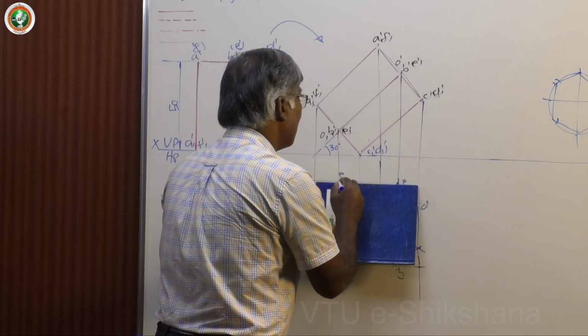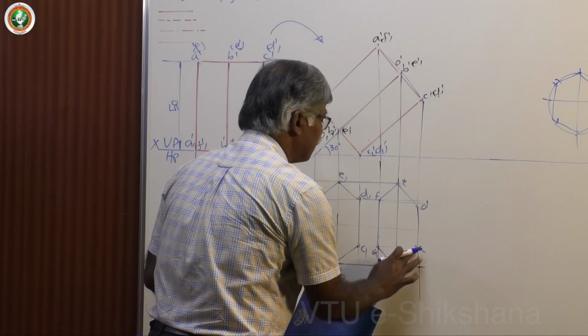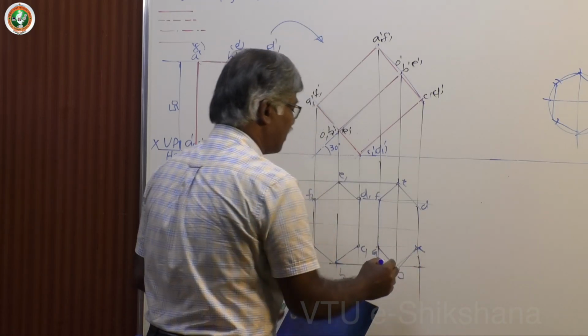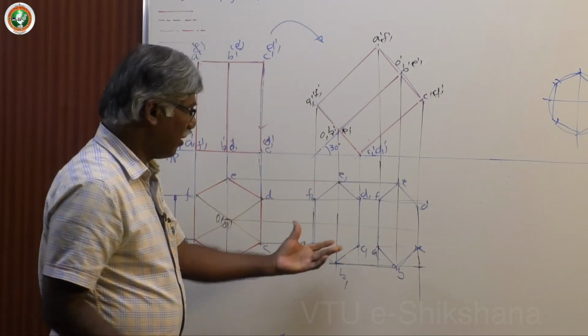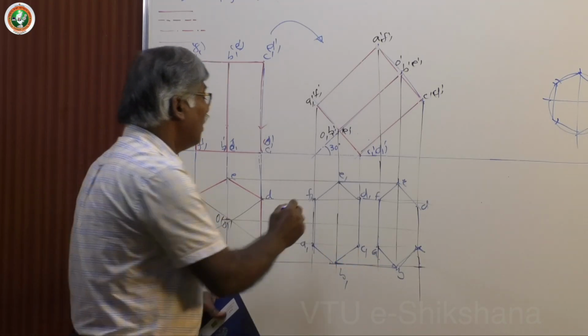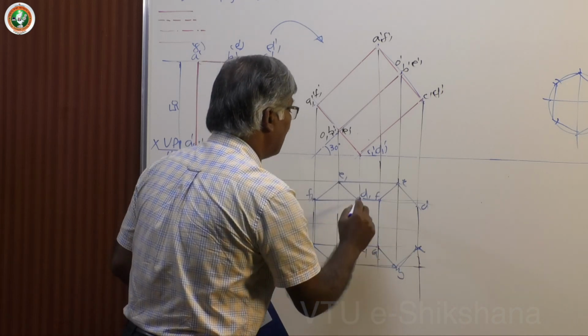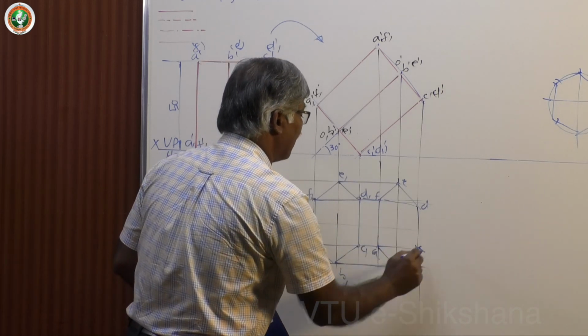Then let me complete the boundary also. Yes, I got the overall top view, all in light lines: FF1, AA1, DD1, CC1.